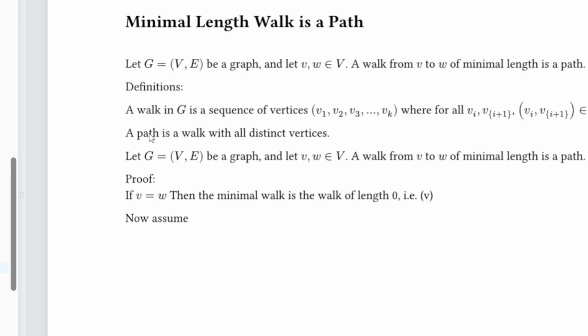Now assume v is not equal to w, assume v and w distinct. Let's let this walk equal v1, v2, or start at v, v1, v2, dot dot dot, w.